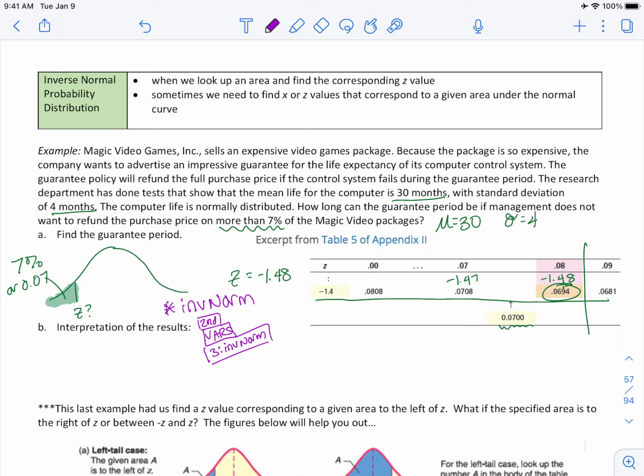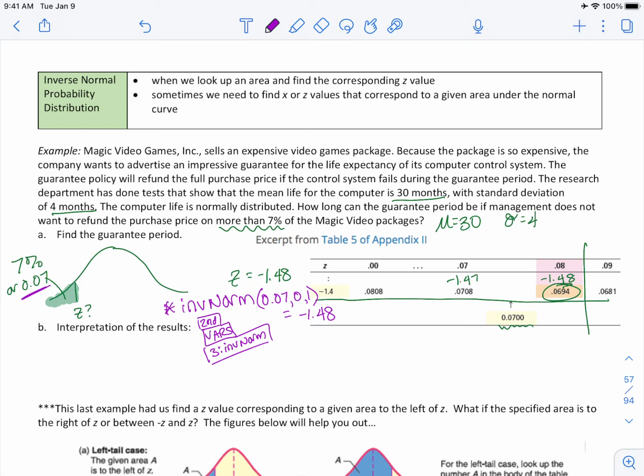Okay, so when you do inverse norm, it asks you for the area. In this case, our area is 0.07. Our mean is 0 and our standard deviation is 1. And so when we do this, we get the same value. This comes out to be negative 1.48.